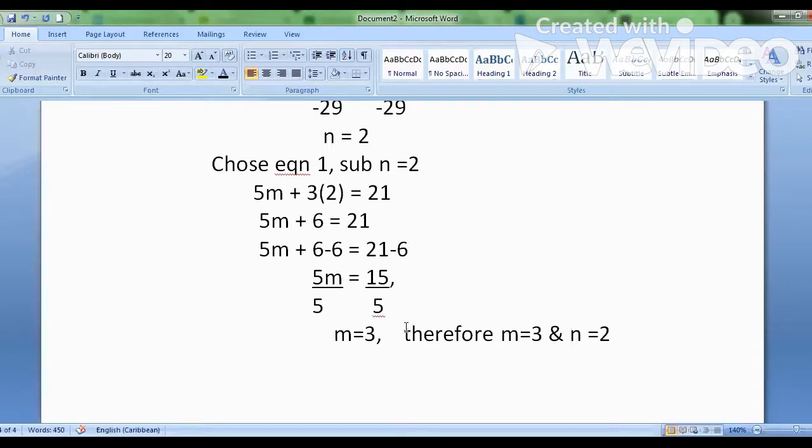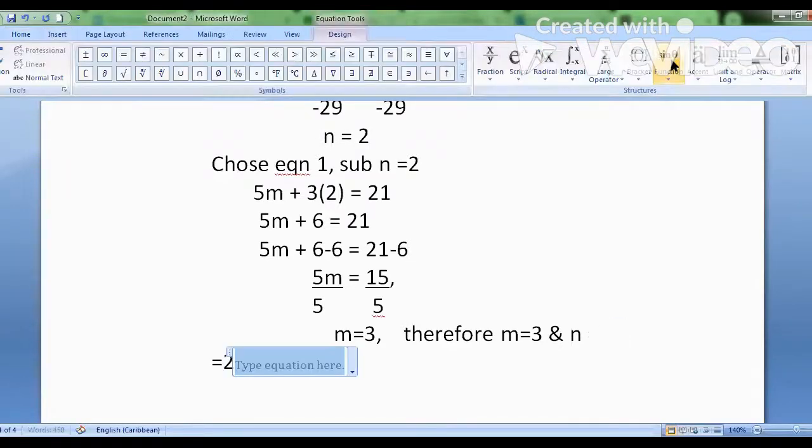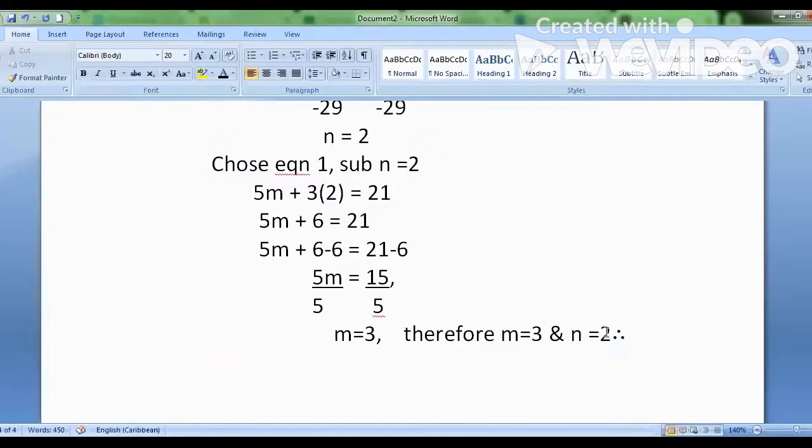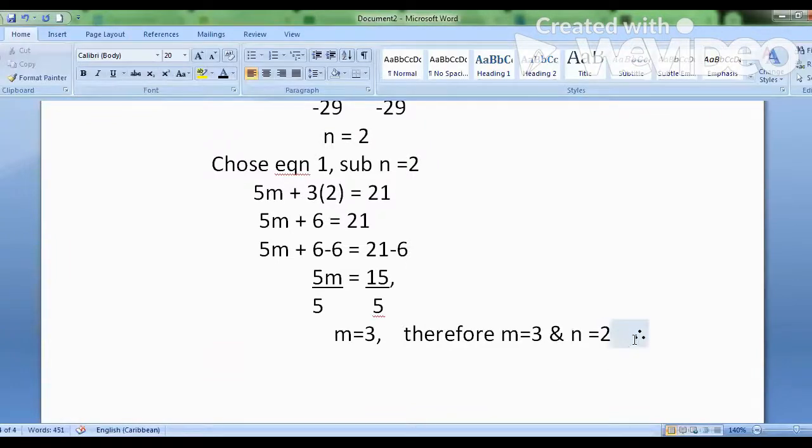I'm asking if we can use that. Yeah, it means the same thing. The 3 dots mean therefore in math. Let me see if I can find it here. So the symbol here means therefore.